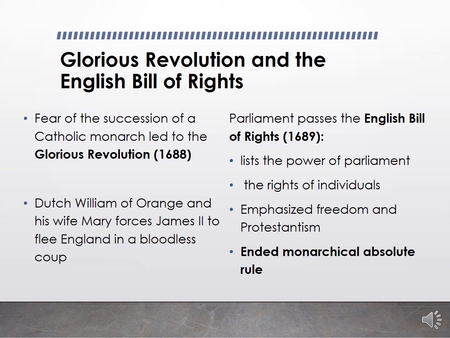And it also emphasizes Protestantism, right? So it is a very sort of anti-Catholic movement, but it also is sort of a democratic movement in that it is ending this monarchical absolute rule that had existed in England up to that point.